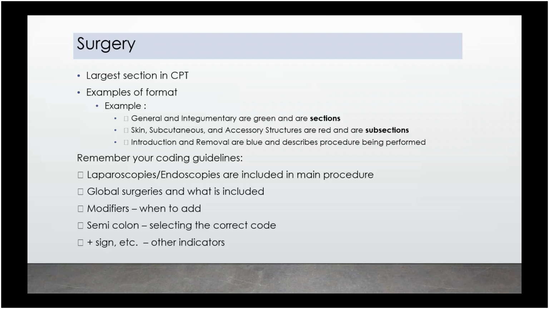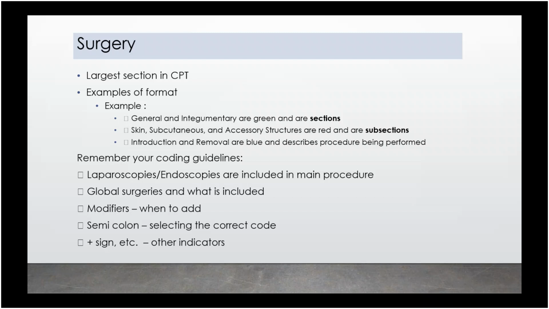So laparoscopies and endoscopies are included in the main procedure. We're going to see these, and they're going to have separate procedure written beside them. So remember, anything that says separate procedure, if it's done at the exact same time as the comprehensive procedure, we're not going to pick those up. Global surgeries and what's included. We've got our modifiers.